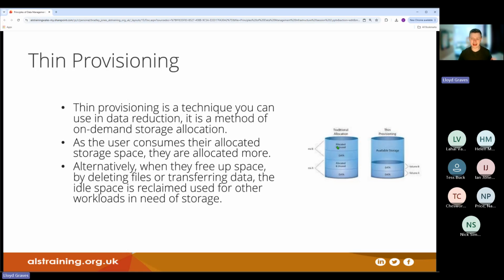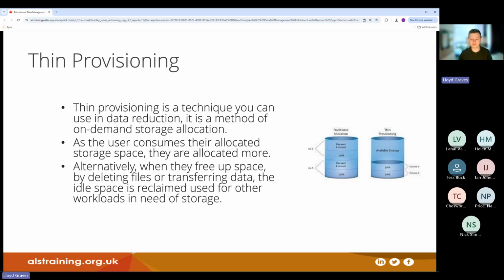So if you buy a hard drive, that storage is allocated to you, but it might be going unused. Whereas with thin provisioning, if it's not allocated, it's available storage. So whatever service you're using, that storage can be used by someone else if you're not using it. But that means that you're not paying for it, if it's not being taken up. So yeah, that's the idea of thin provisioning.